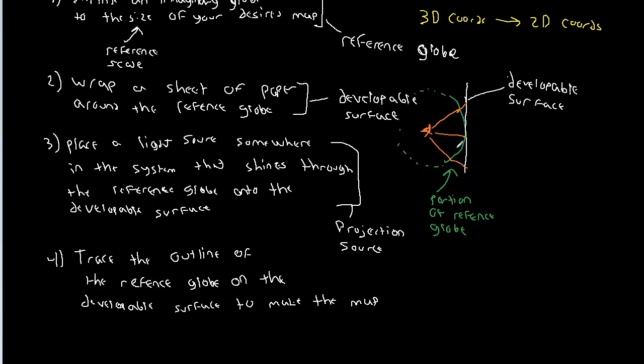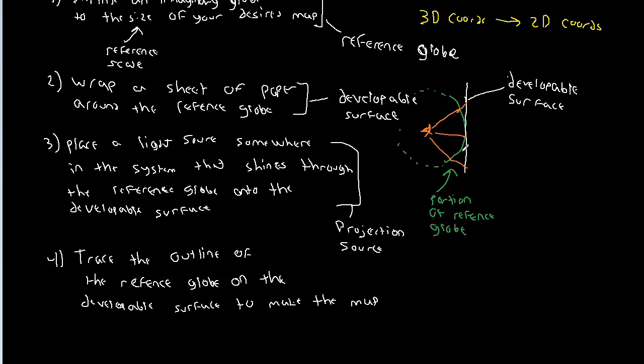We place a light source somewhere in this system, either inside of the globe or maybe outside of it. The idea is that we shine from the projection source through the reference globe onto the developable surface, and then we simply trace. At a conceptual level, this is what map projection math is doing.